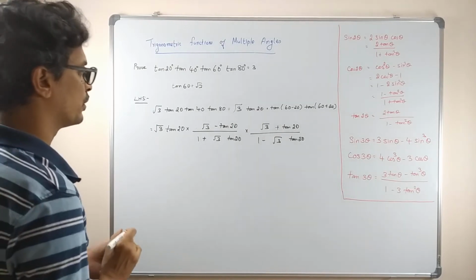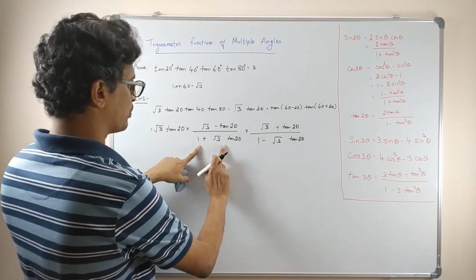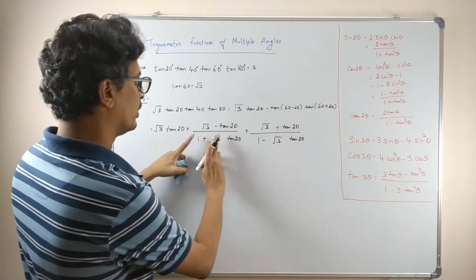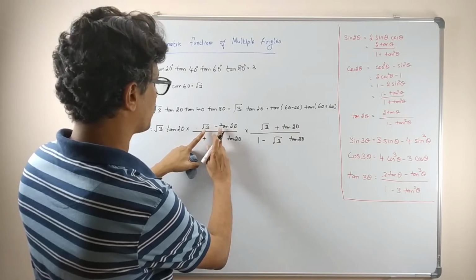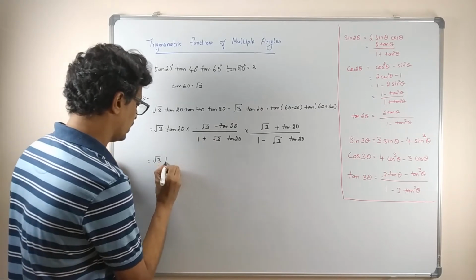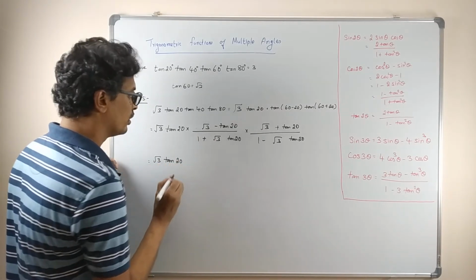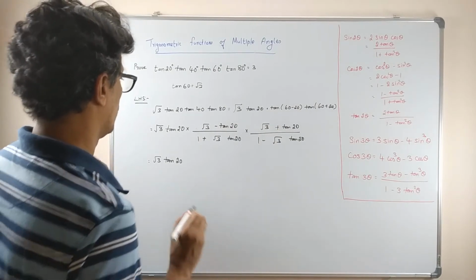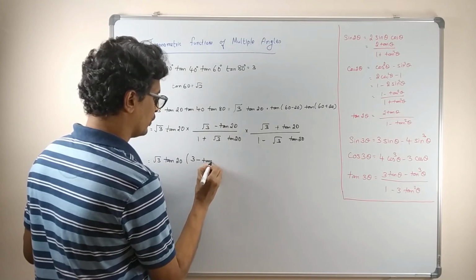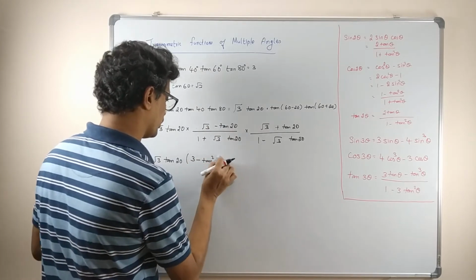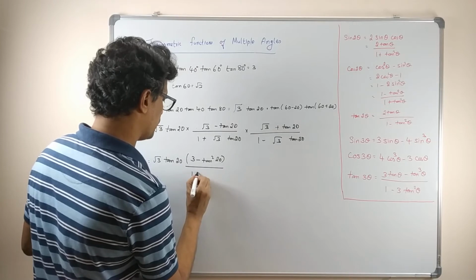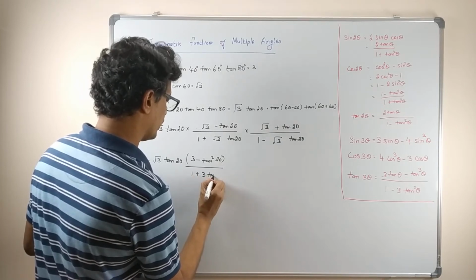Okay, so now let us try to do this, and this is interesting. A plus B, A minus B. Correct? So let us see what happens. And here also the same thing. Correct? A minus B into A plus B. So this will be root of 3 tan 20 into 3 minus tan square 20 divided by 1 minus 3 tan square 20.